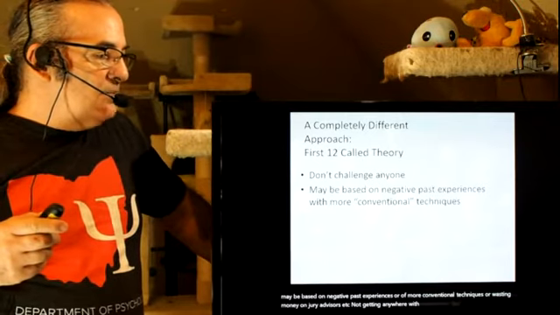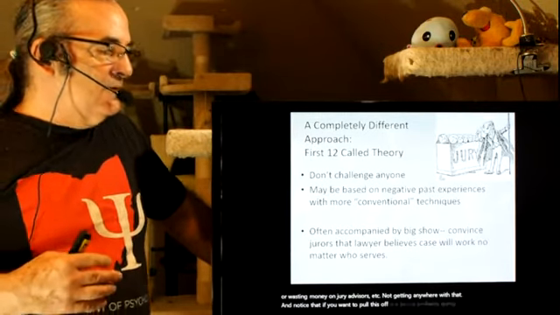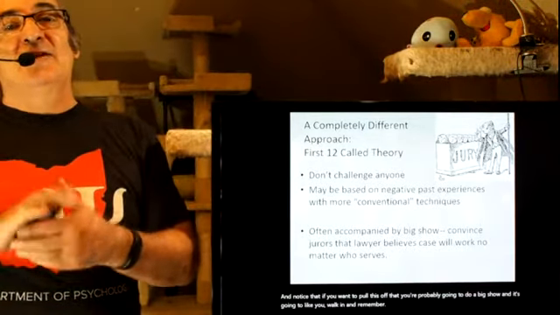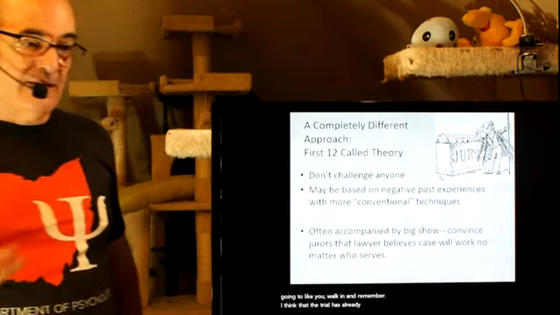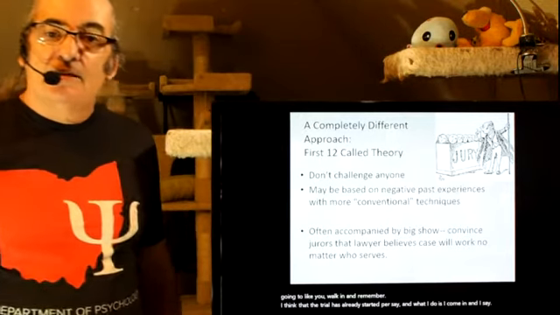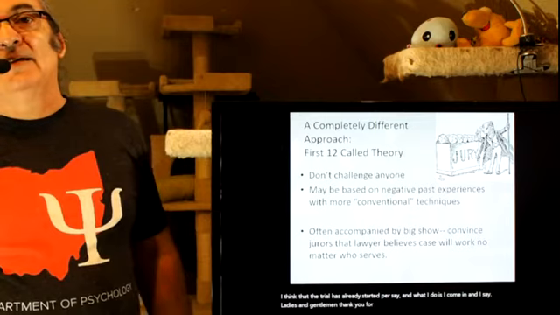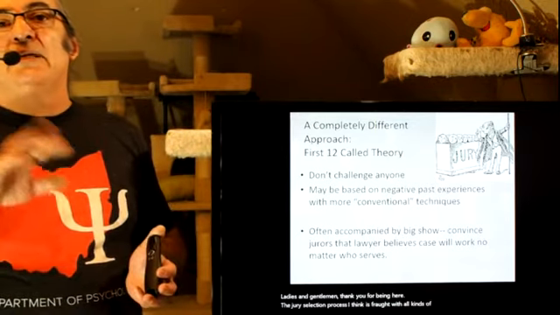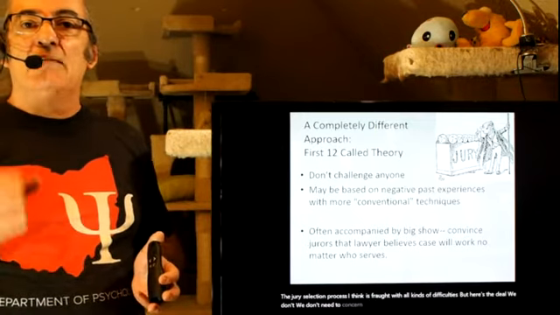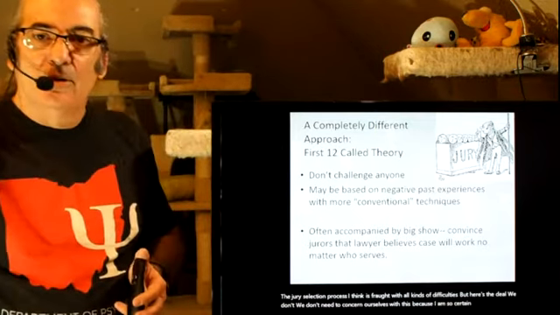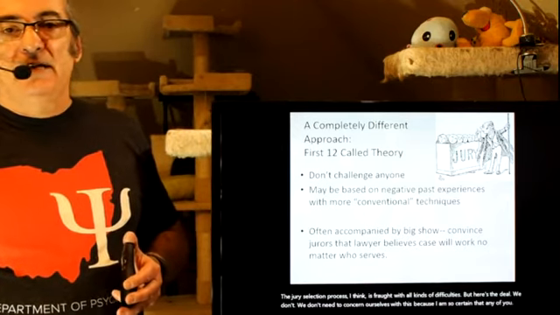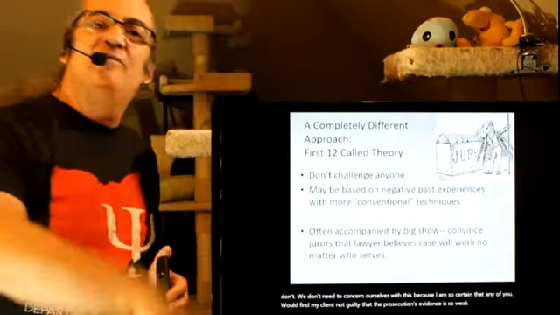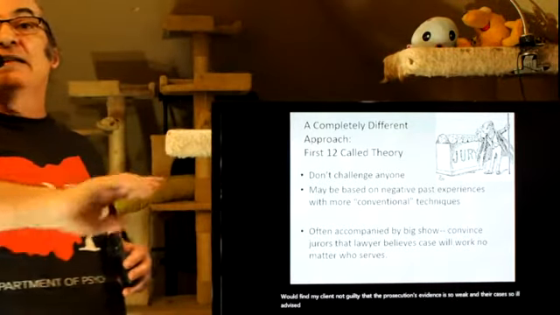And notice that if you want to pull this off, what you're probably going to do is a big show. You walk in, and remember, we might think that the trial has already started, per se. And what I do is I come in and I say, ladies and gentlemen, thank you for being here. The jury selection process, I think, is fraught with all kinds of difficulties, but here's the deal. We don't need to concern ourselves with this, because I am so certain that any of you would find my client not guilty, that the prosecution's evidence is so weak and their case is so ill-advised that I don't need to select any jurors.